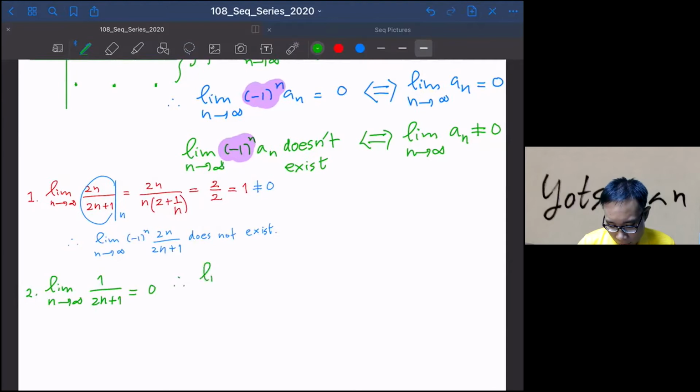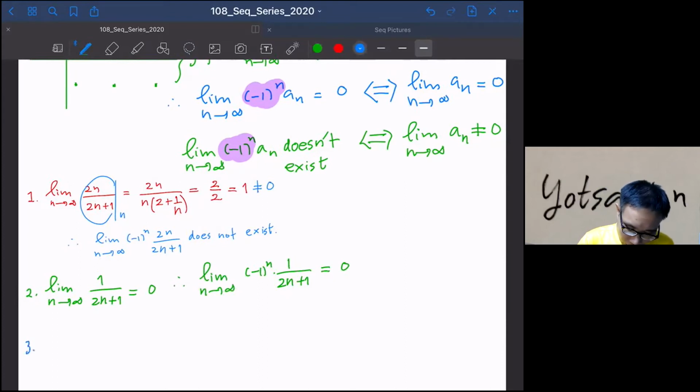So you're going to say that the limit as n goes to infinity of (-1)^n times 1 over 2n plus 1 must be 0. That's the second one.